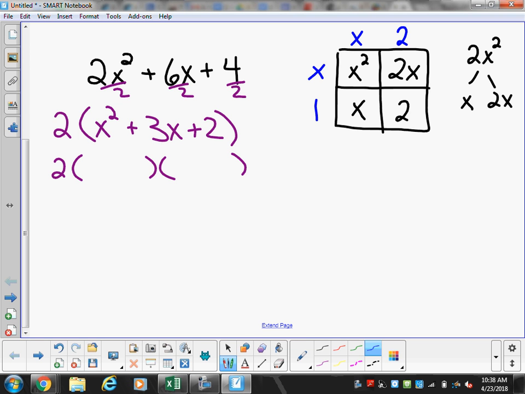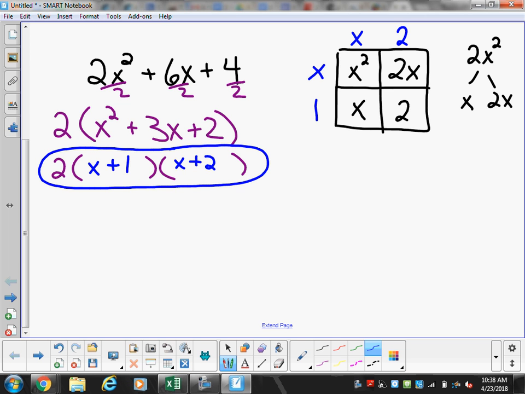So in my parentheses are now x plus 1 times x plus 2. There's my factor. So I started out by factoring the greatest common factor out. And then I went into the box method.